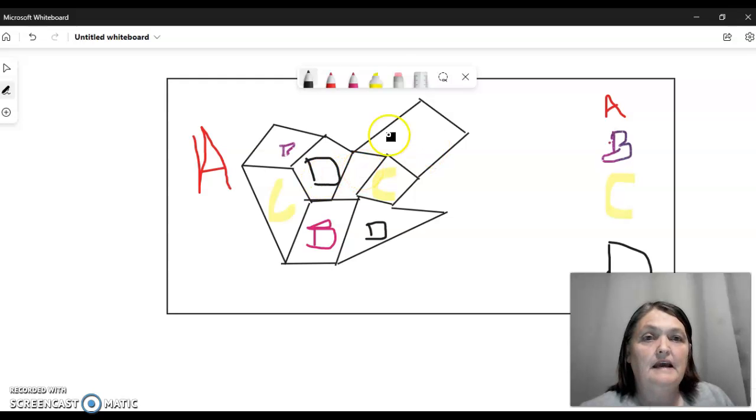This one has to become A now. And then this one can be B. So we still can do them in 4 colors.